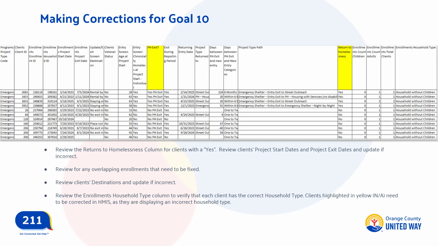So this is showing that there was a gap of 20 days, which is why it's showing a big gap between their emergency exit and their PH entry. It could be a data entry error, or it could be that they moved into housing closer to their emergency exit. So just review and make sure the data reflects that accurately.